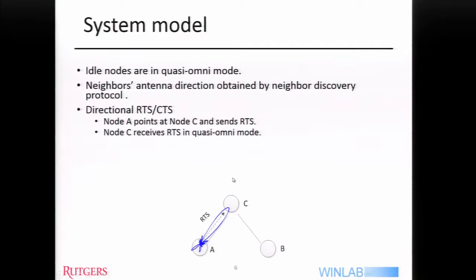Second, in another 60 GHz standard, like 802.11ad, it uses beamforming training packets. For example, the RTS and CTS may become beamforming packets, and after several rounds of beamforming training, node A can know the direction of node C and remember the antenna direction. So for your work, you assume that's done. Yeah, that is done. You took care of that. Okay, fair enough.